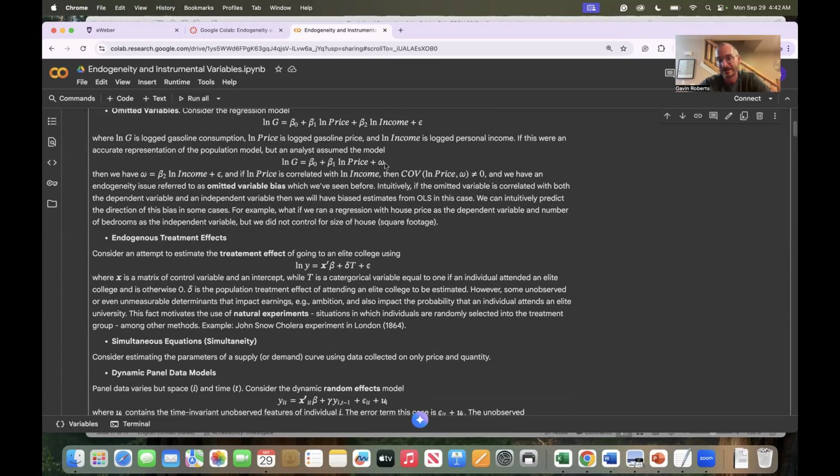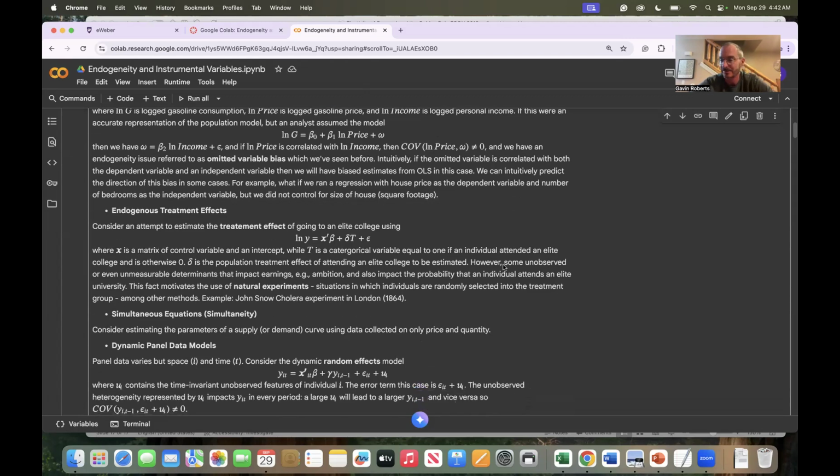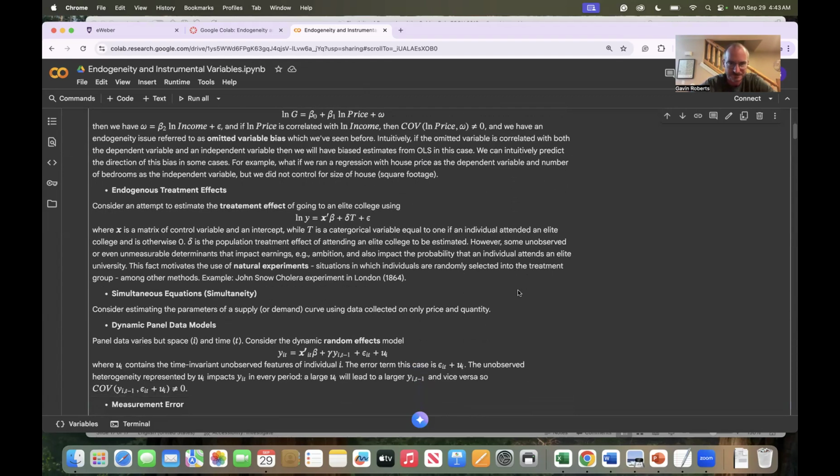And so omitting a variable that (A) matters and (B) is also correlated with other independent variables leads to an endogeneity problem. So that's a very simple case of an endogeneity problem. Intuitively, if the omitted variable is correlated with both the dependent variable, consumption, and other independent variables like price in this case, then we will have biased estimates.